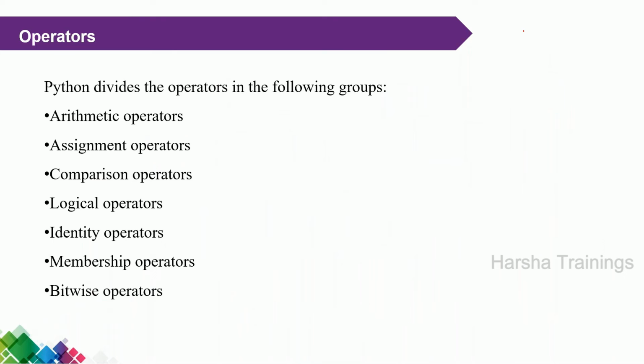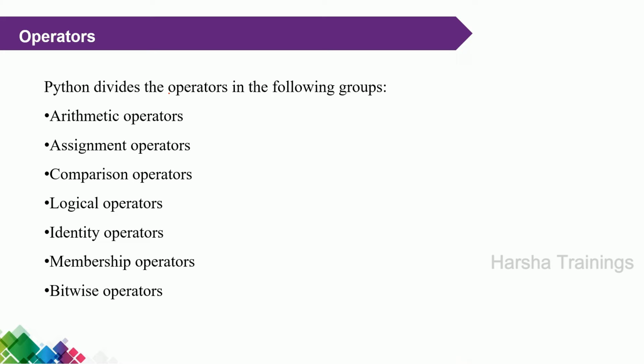Now, one of the most important concepts related to programming languages, not only Python but generally any programming language, is operators. Why? Even if you are performing a simple calculation, we require at least one operator.